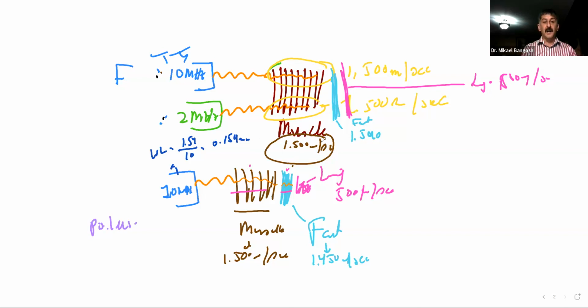Because the speed here is not determined by factors determined by the transducer, such as frequency, such as power, such as amplitude, such as wavelength, such as intensity. But it's going to be determined by the medium itself.